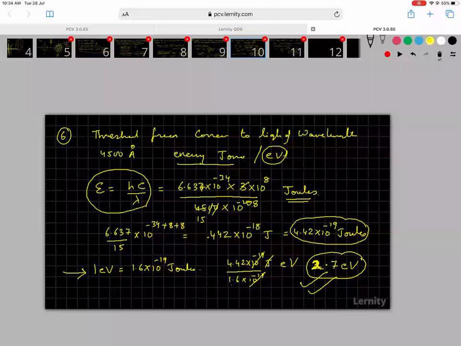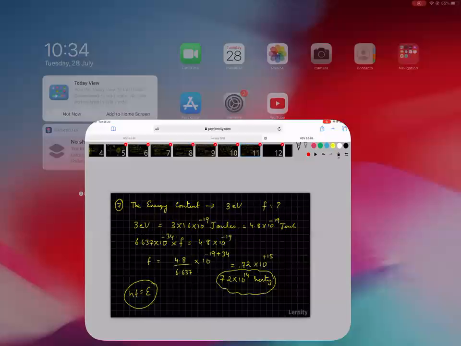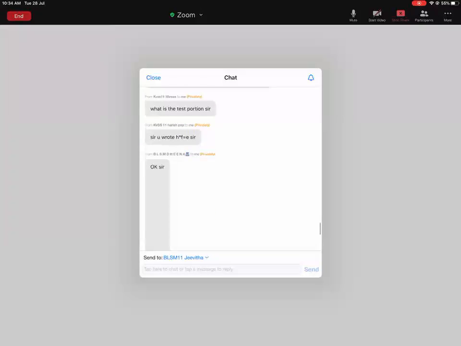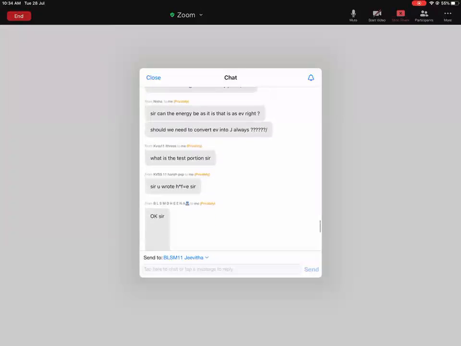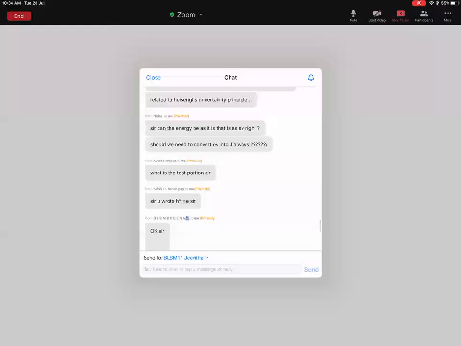Energy is H into F. There's nothing else there. So Harish, I don't know what you are trying to say. H into F is energy.